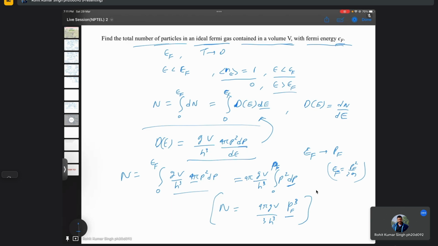So the number of particles will be just an integral of the number of states lying from 0 to Fermi energy EF, because each state will have a single particle occupancy, and then we use the density of states expression here, and we calculated the number of particles.